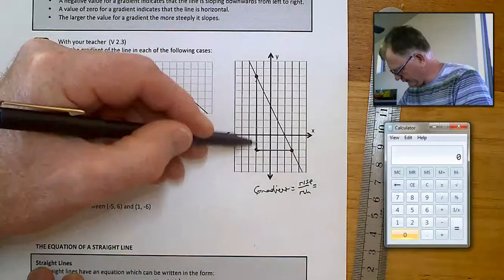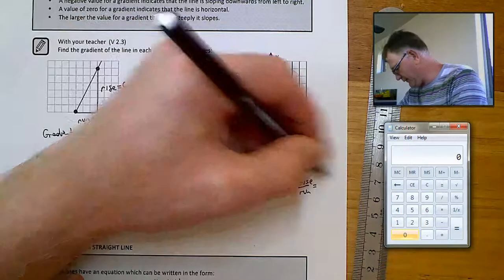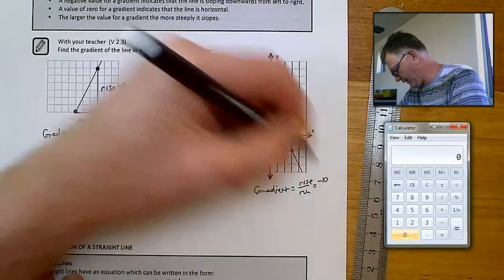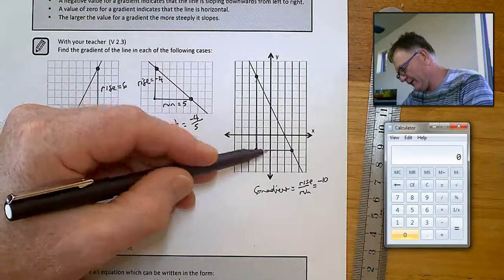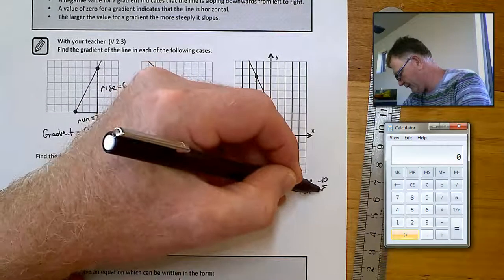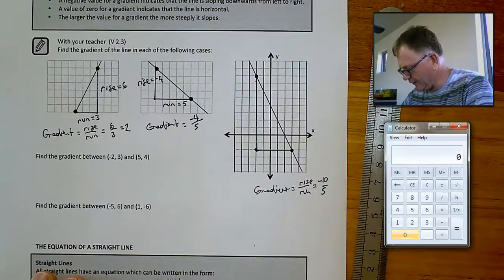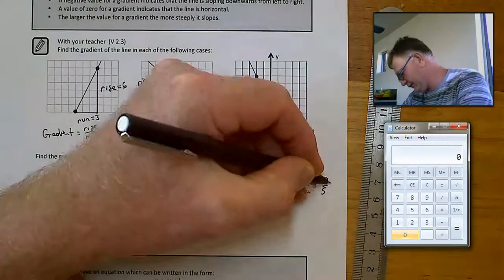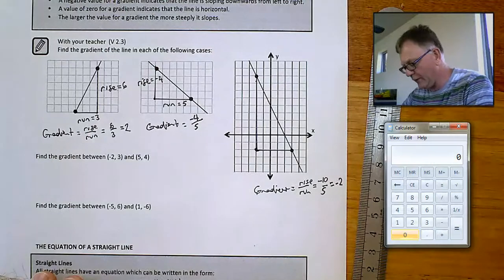The rise is 2, 4, 6, 8, 10 squares, but I'm going to put -10 because we're going down as we go from left to right, and the run is 5. Now I can see that -10 divided by 5 equals -2, and I'll write my answer like that.